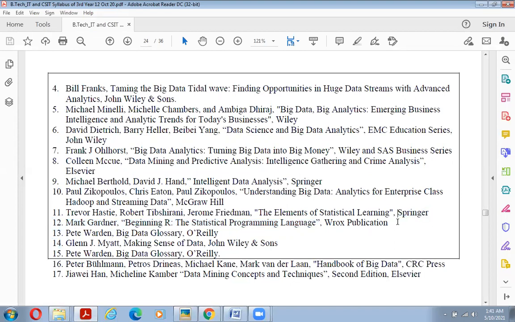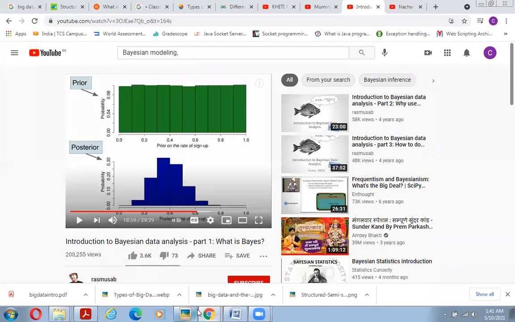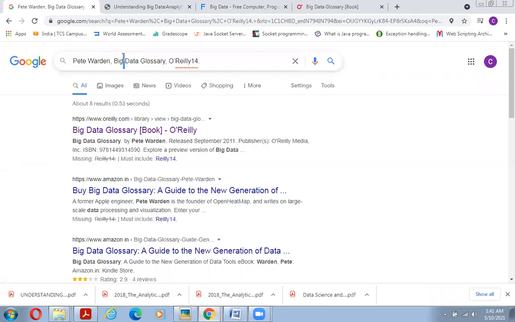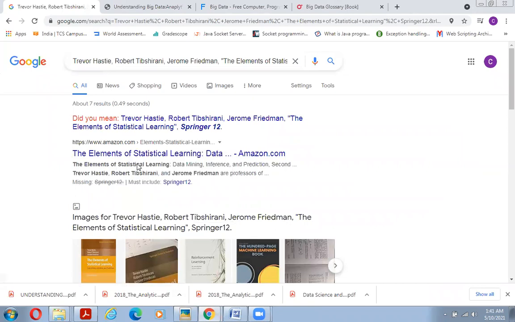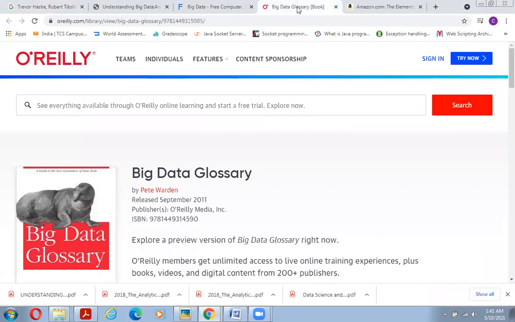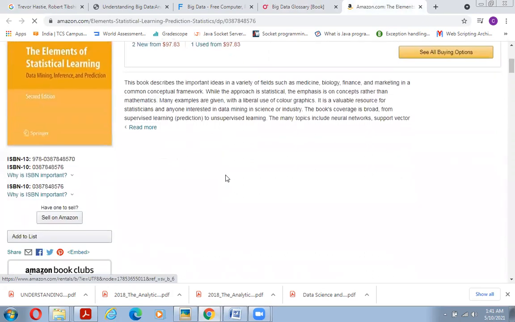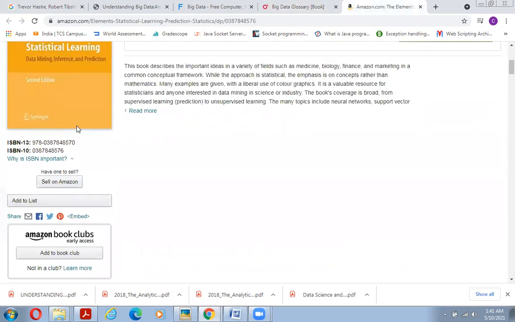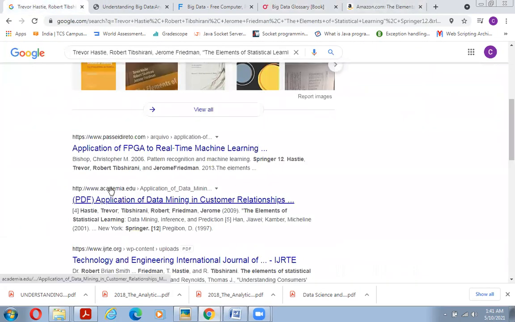For the fifth unit, we have Beginning R: The Statistical Programming Language. And for machine learning, we have Elements of Statistical Learning. This is also one of the books for understanding the application of data mining, inference, and predictions.